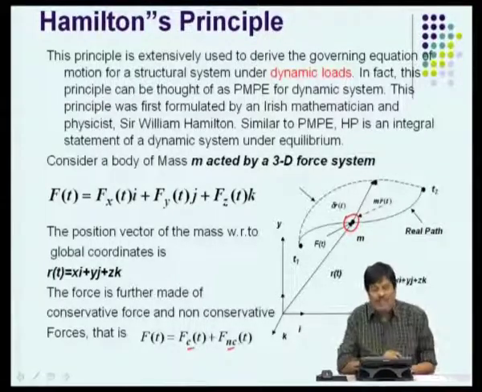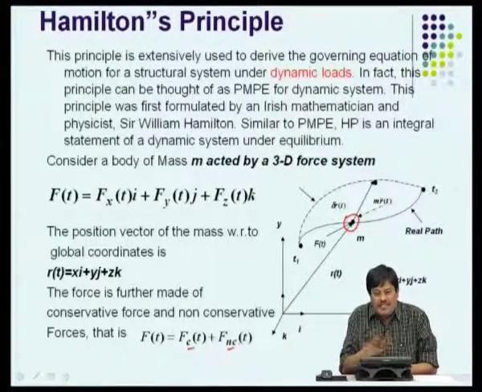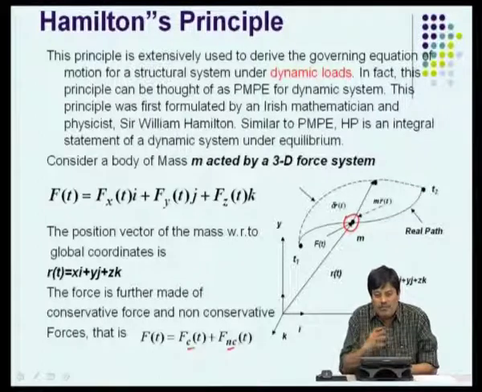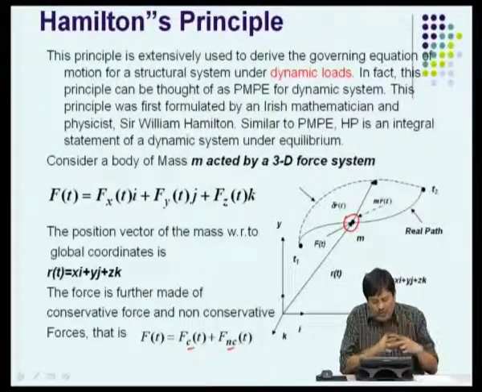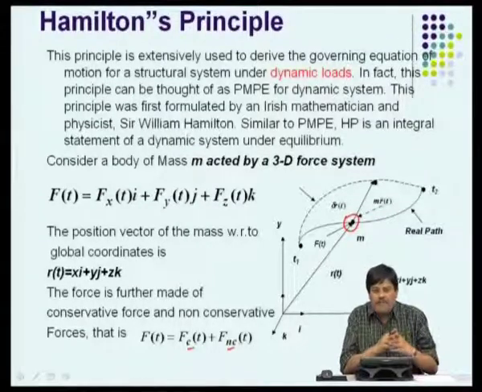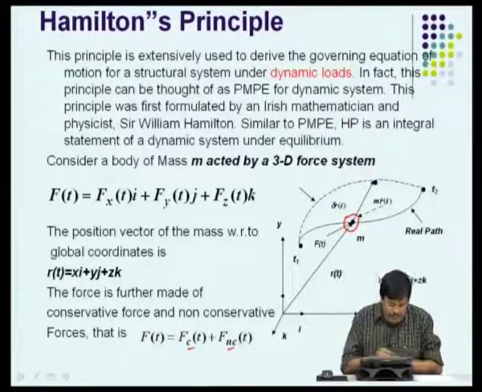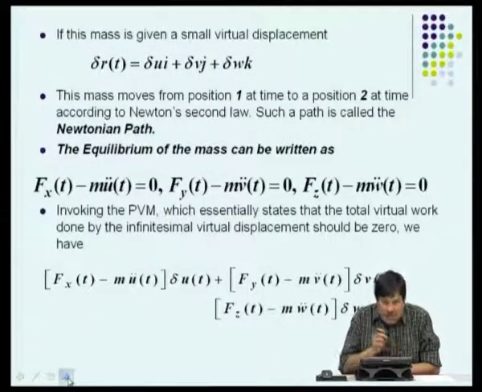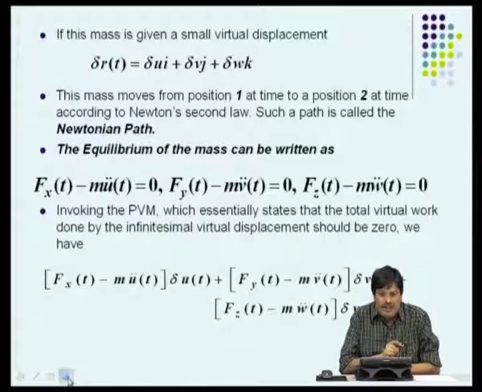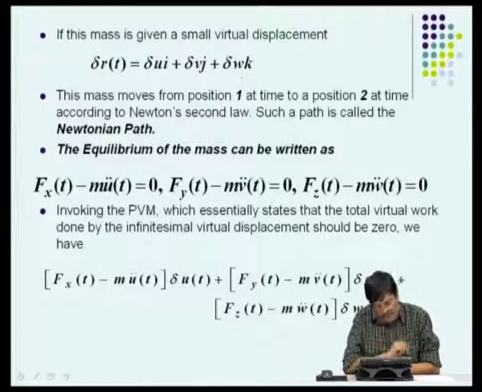The non-conservative forces are because of damping or any other force that is not generated due to the loading, but because of the phenomenon of the material per se, and the conservative forces are those that are caused by the generation of the internal forces because of the external loading. Now, if this mass is given a small virtual displacement, then the position vector becomes delta u i, v j and w k.